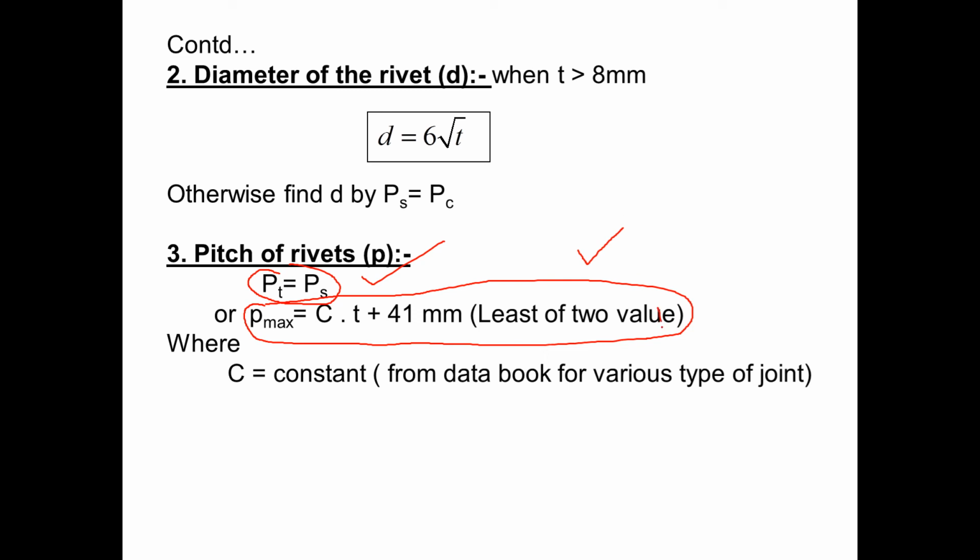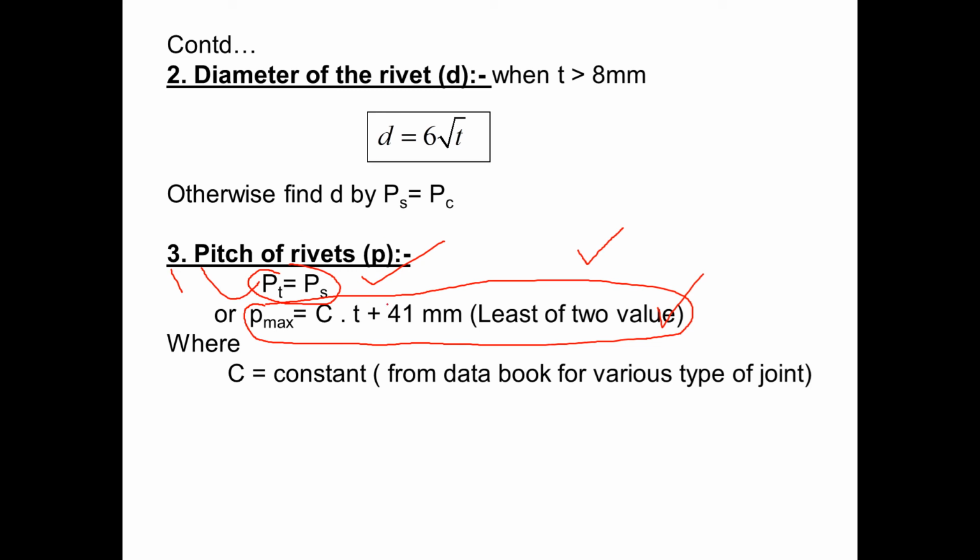If by using this expression pitch is minimum, you have to use this pitch further for design process, or if you get the value of pitch P minimum by using this expression, then your corrected pitch will be this particular value, and then you have to use this value to get the dimensions of the other part of the problem.